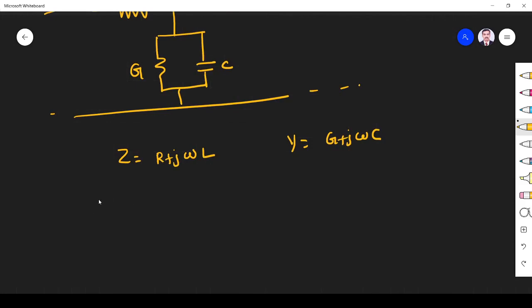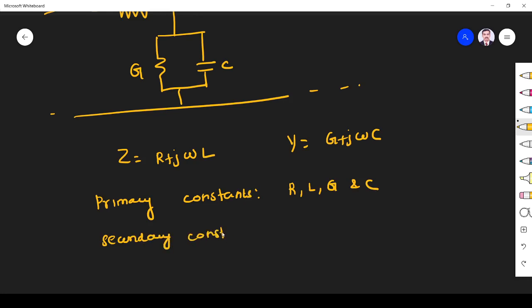From this we get two important points, that is primary constants. Primary constants are resistor, inductor, conductor, and capacitor. Then there are secondary constants. Okay, what are those?